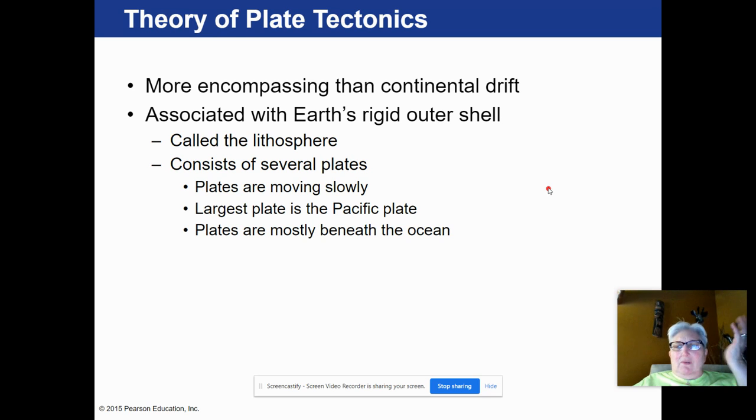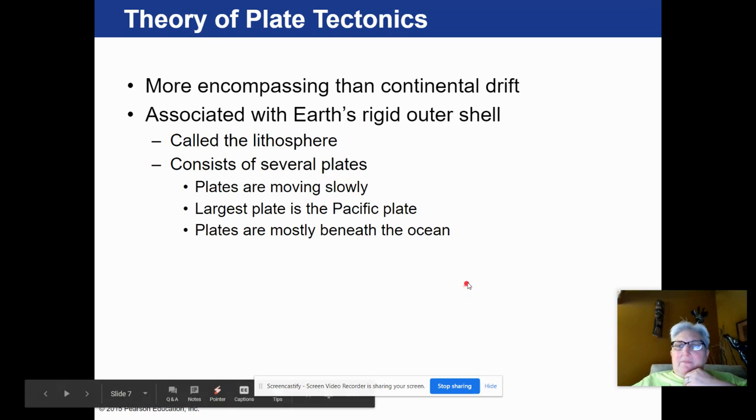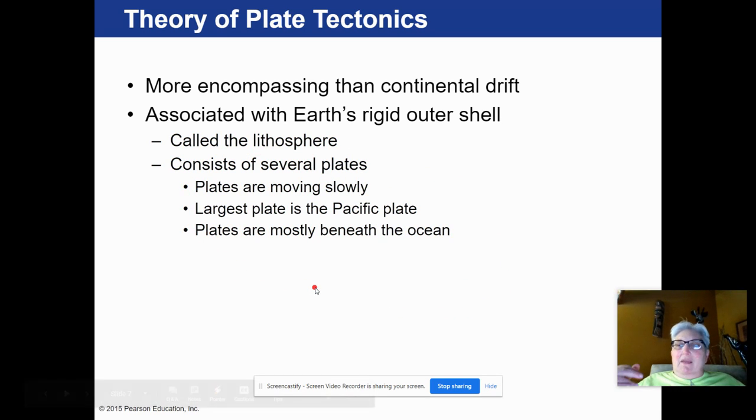Now, if we go back to the first week, we talked about the lithosphere, that outer, kind of rigid layer of the Earth. And in that lithosphere, we see several different plates. And this eventually became the mechanism for plate tectonics, right? That the movement of the continents happened along those particular plates.